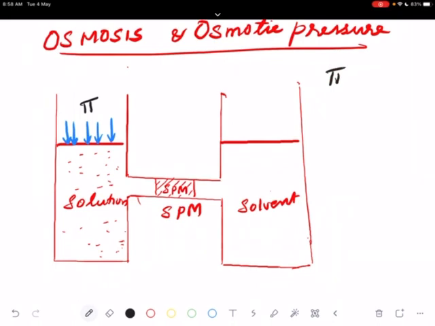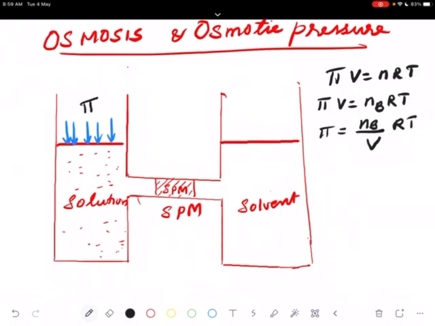Using that equation, pi V is equal to nRT, which is similar to PV is equal to nRT, what we used last year for the ideal solution. So pi V is equal to nRT, or pi V is equal to n_B RT. Pi is equal to n_B upon V, RT.